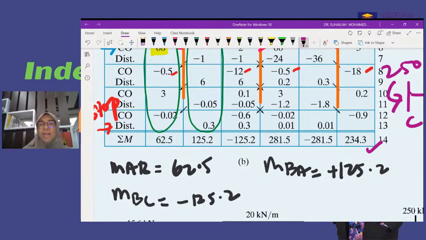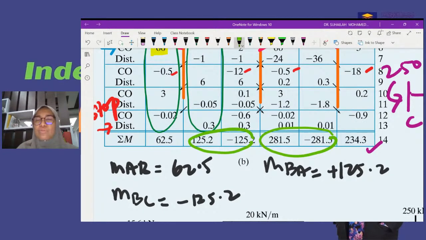And we will find that when we total these two values, we get 0, because it goes back to the concept of roller support where there is no moment. That's why we get MB equal to 0 and MC equal to 0.